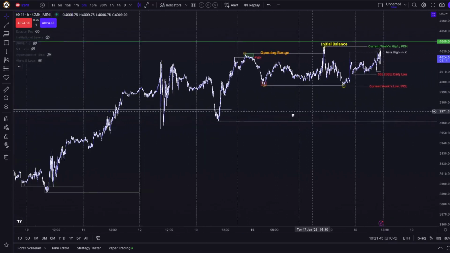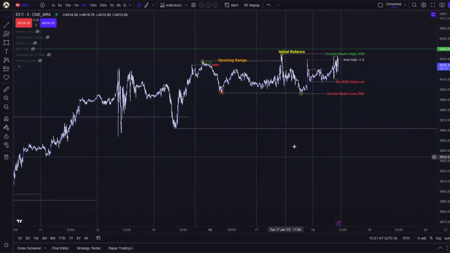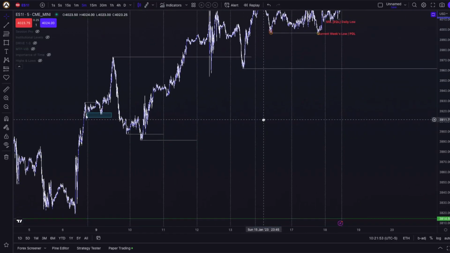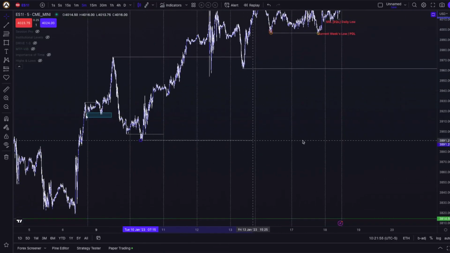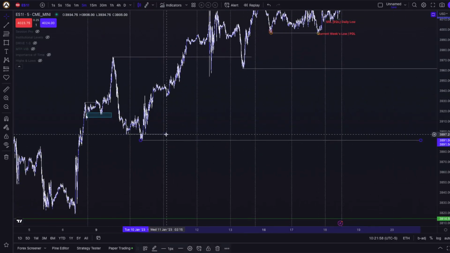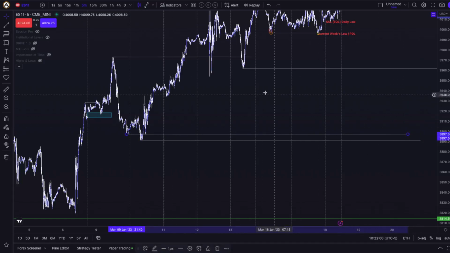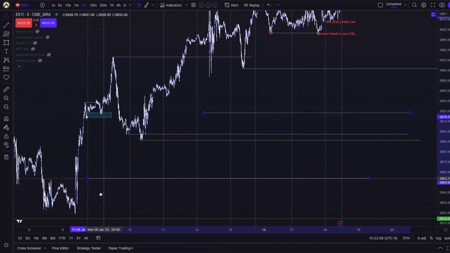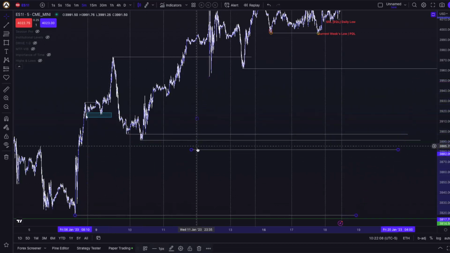And right now we're still sort of inside of this range, and I'm not really sure if we're going to continue up higher through this range or if this was all just created to take out sell side liquidity below major lows here, here, here, here. We could be doing this for ages, creating sell side liquidity here, here.